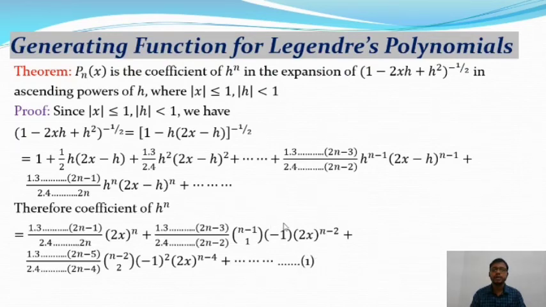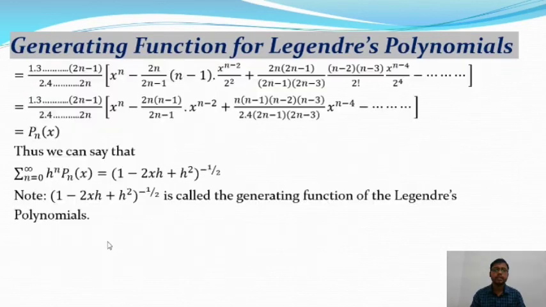This is actually the coefficient of h to the power n, and from this series we will take 1 into 3 and up to 2n minus 1 by 2 into 4 and up to 2n as common, and after that we will get x to the power n minus 2n into 2n minus 1 into n minus 1 into x to the power n minus 2 by 2 to the power 2, plus 2n into 2n minus 1 by 2n minus 1 into 2n minus 3 into n minus 2 into n minus 3 by 2 factorial into x to the power n minus 4 by 2 to the power 4 and up to infinity.